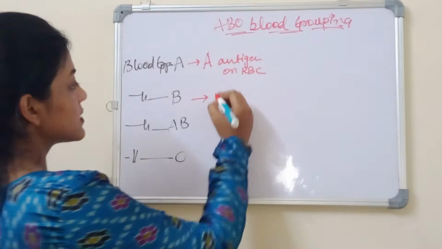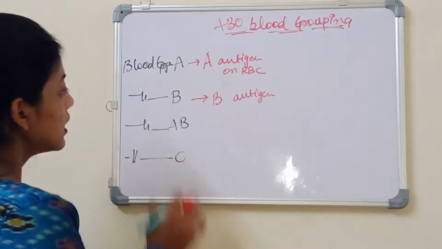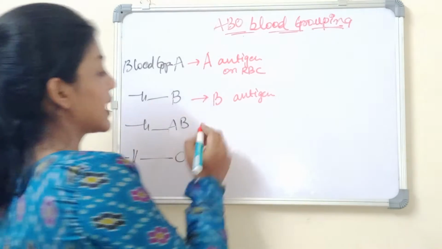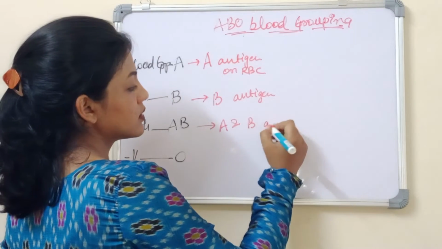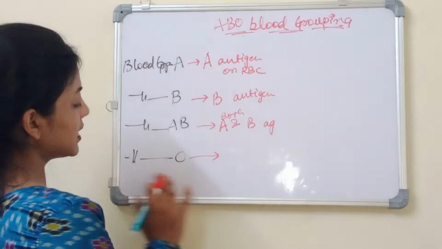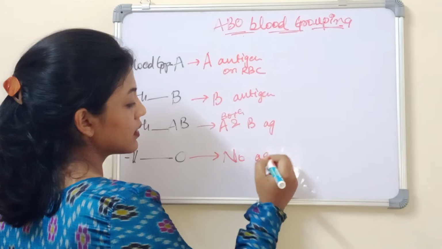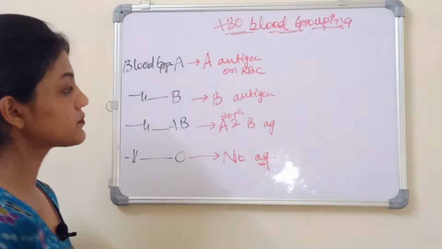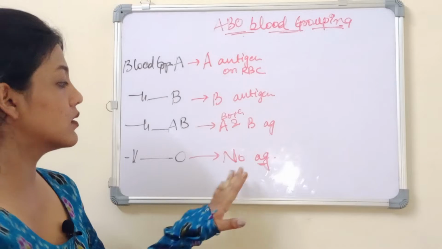Blood group B has B antigen on the surface of RBC. Blood group AB has both antigens, A and B. Okay, both A and B. And blood group O people have no antigen. Ag is antigen. Okay. So they have neither A nor B.